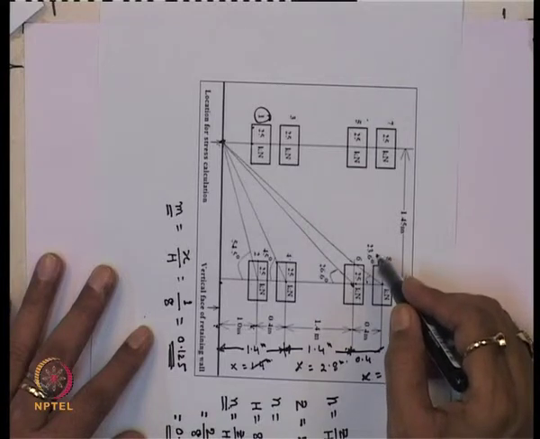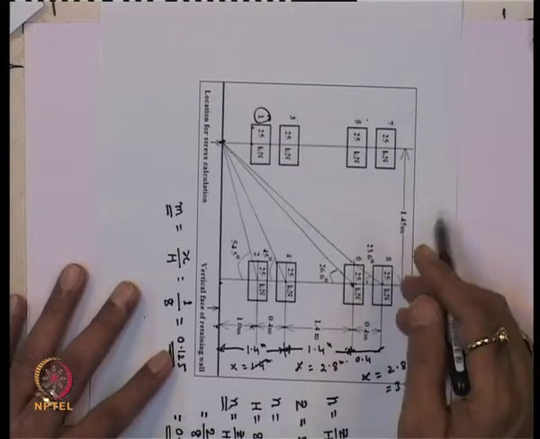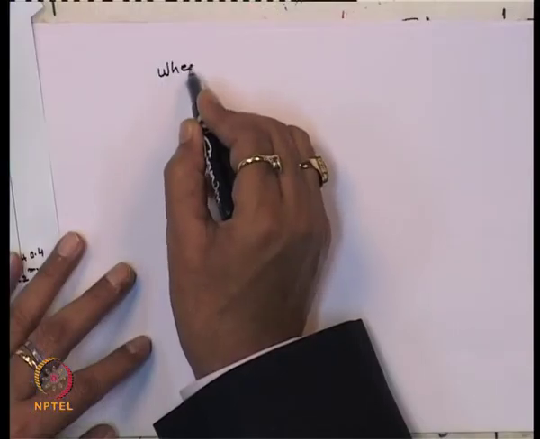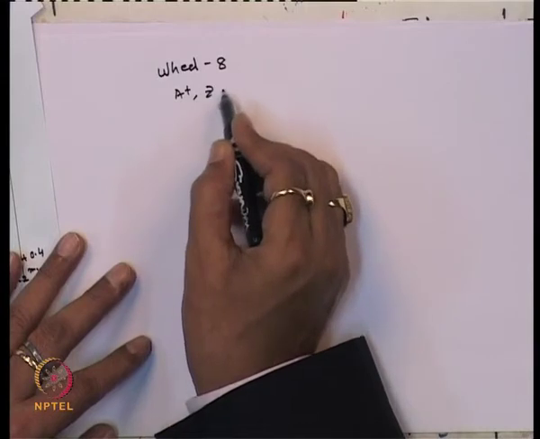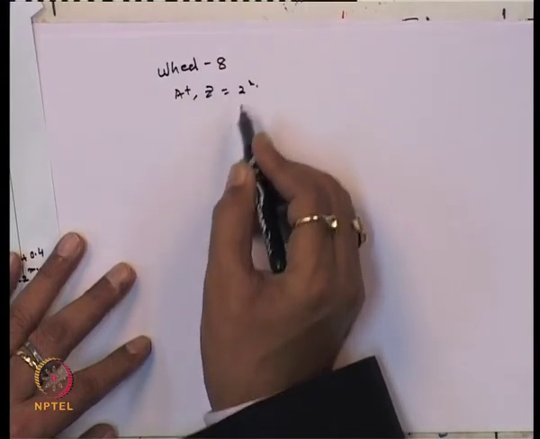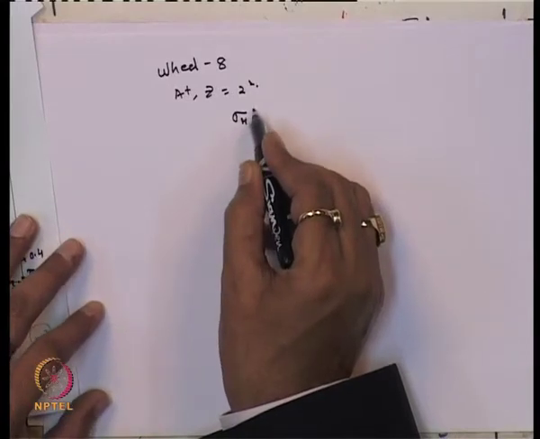So you know what is the theta angle, 23.6 degree. Let us say I am just showing you for the wheel load 8 only. Wheel 8 at depth equal to 2 meter, and you know what will be the sigma h dash.